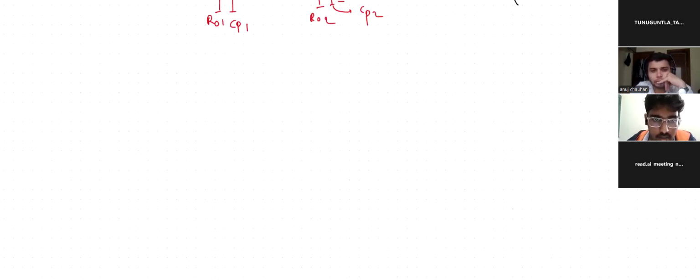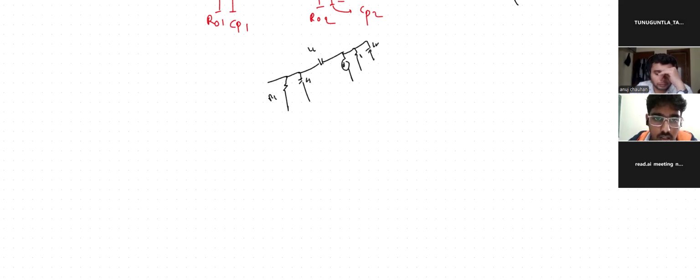As you have mentioned, I'm drawing a small signal diagram. This is my R1, this is my C1. This is the Miller capacitor which I have introduced now, and again the dependent source and R naught 2, and this is C2. This will be my V input.